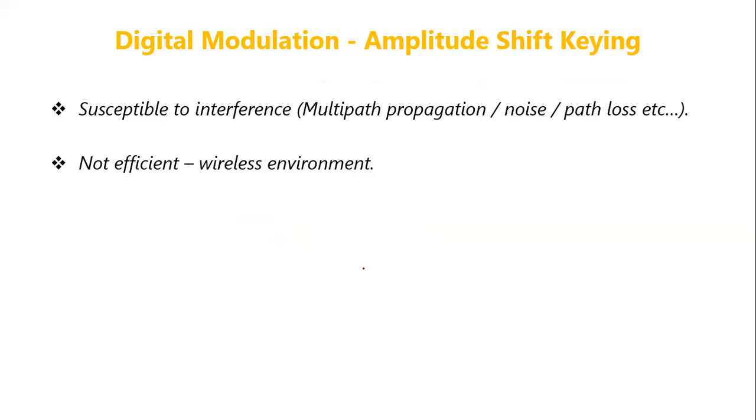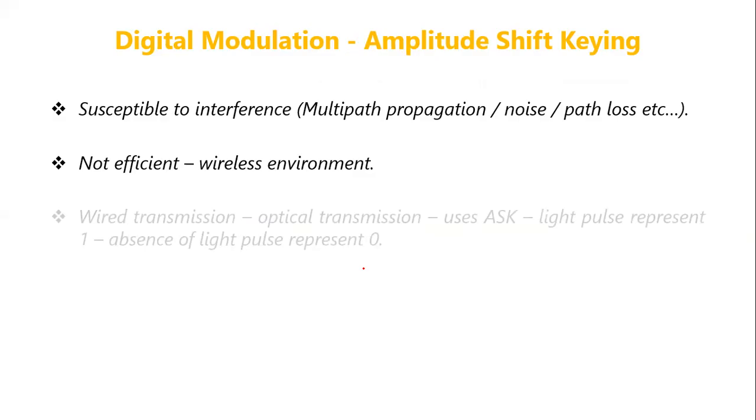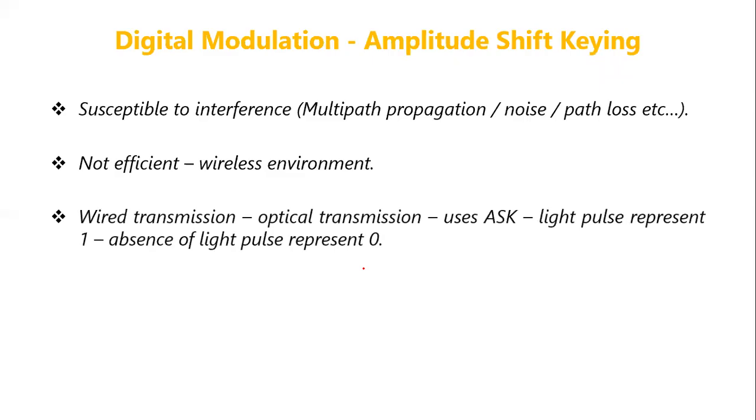It can be used in wired networks. Normally it is used in optical fiber communication, which is wired transmission. With optical fiber communication, if there is light, it represents a 1. If there is no light, it represents a 0.